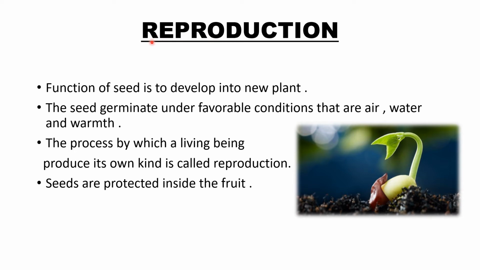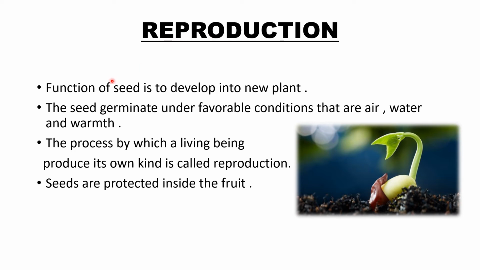Now if you bifurcate this word, you will see that it can be divided into two parts, re and production. Re means again, and production means to produce. So if the production is again, we will say that it is reproduction.